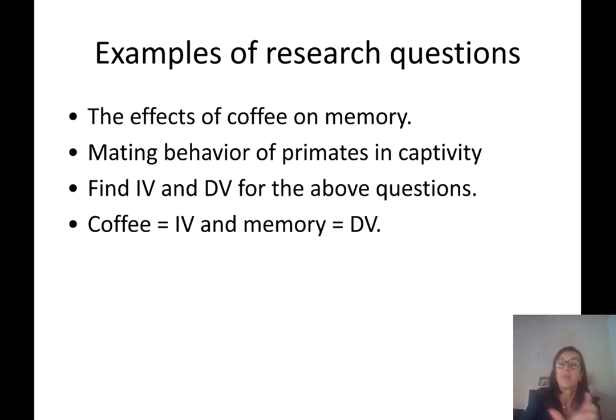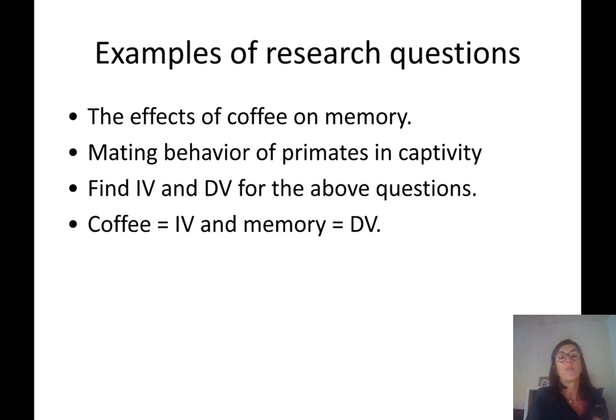So I can manipulate captivity. I can examine mating behavior in primates in captivity and primates that are not in captivity, that are roaming around in the jungle, right? And I can compare those two. So I could manipulate that. I can't really manipulate the mating behavior.